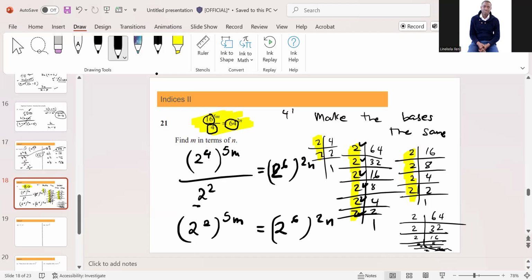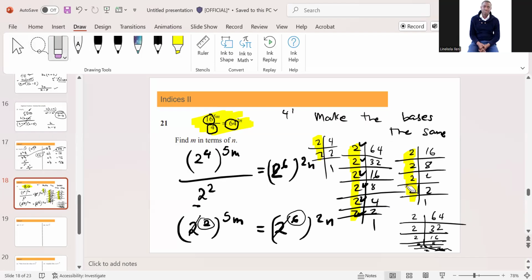So clearly, my bases are the same. When I make my bases the same, the idea is to cancel the bases. So I can cancel this guy and cancel that guy. And instead of using those two, I'll then just end up with the exponents. Let me just clear the other stuff away.